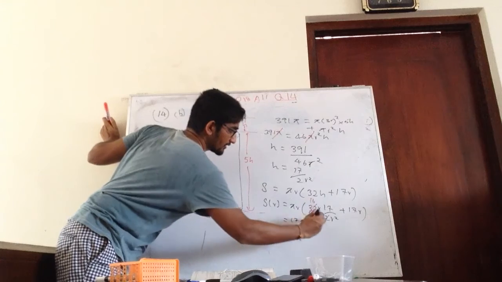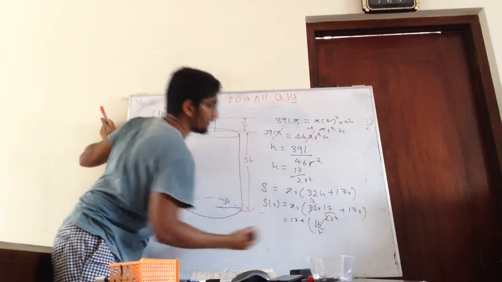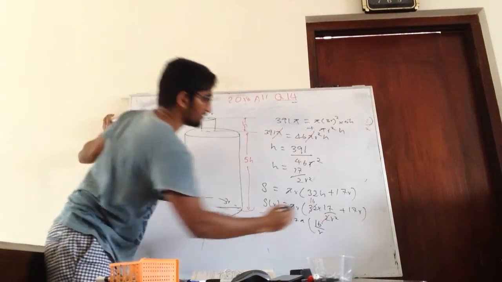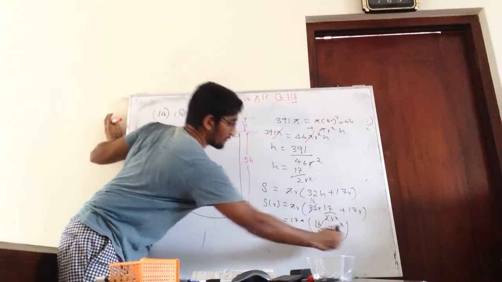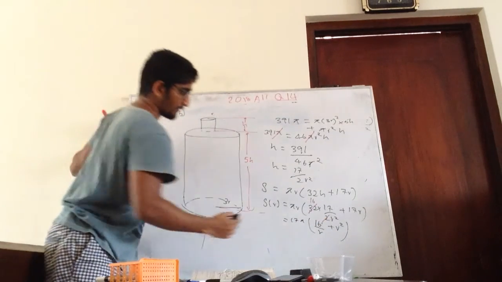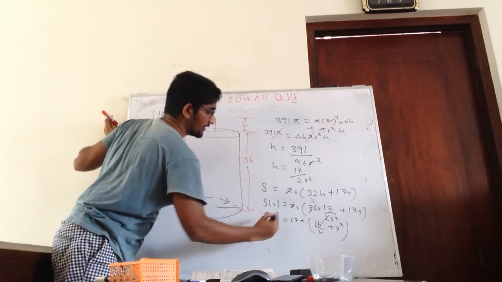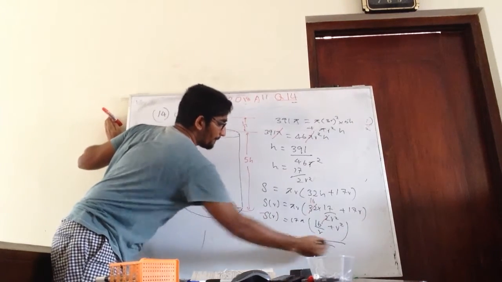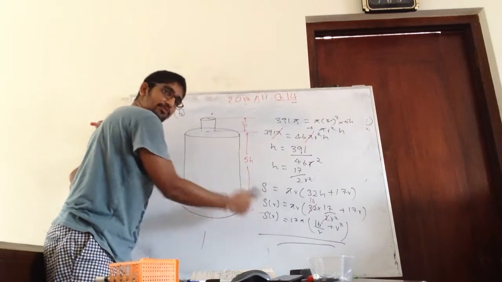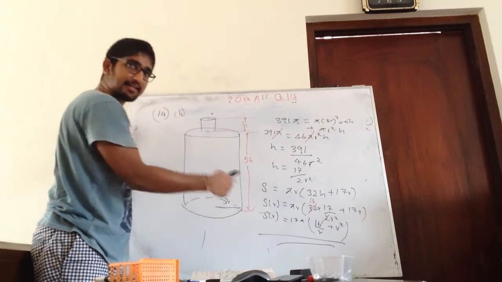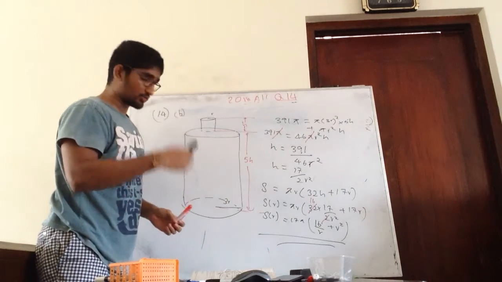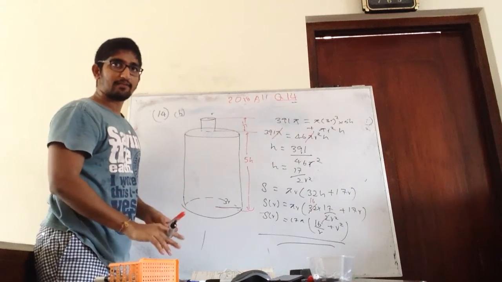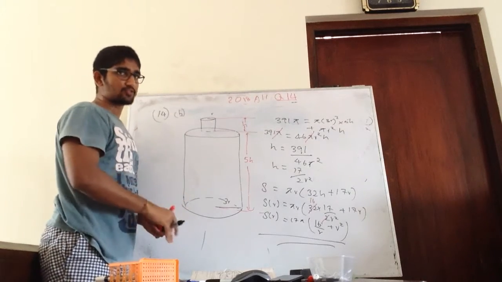So I'll get 16 over r plus r square. So this is S(r). So what I need to do is I need to differentiate this and get dS(r) over dr equals 0 and then get the value of r.